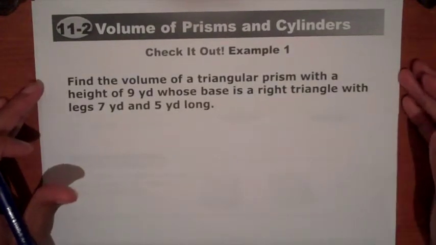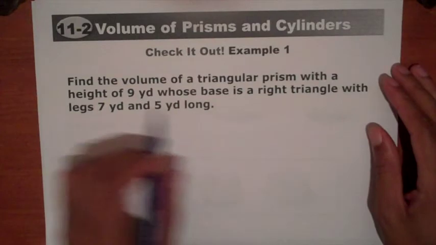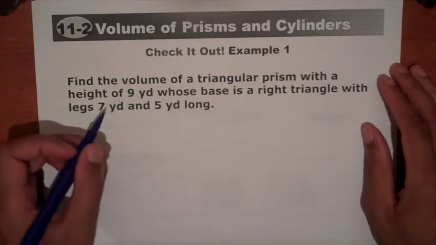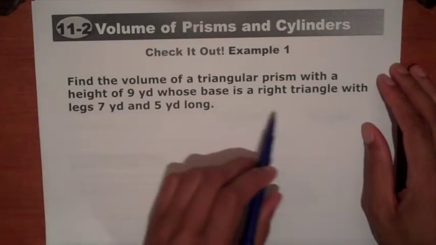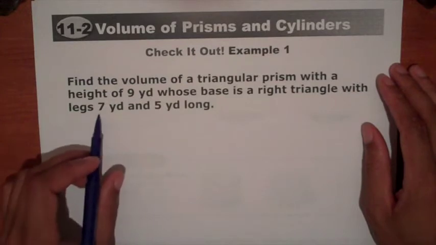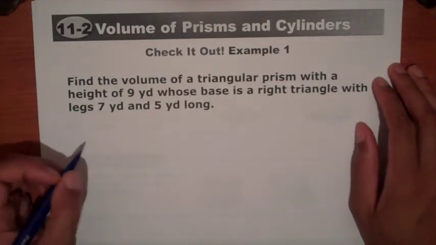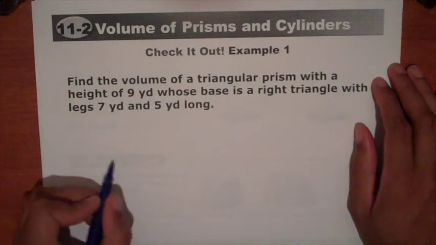Okay, let's see if we can find the volume of a triangular prism with height of 9, whose base is a right triangle with legs 7 and 5. So first of all, I'm going to make a sketch of this shape.